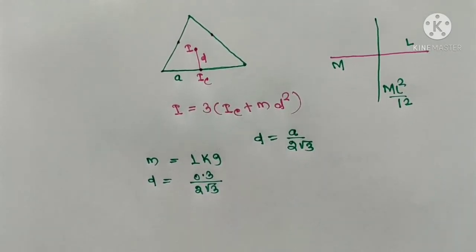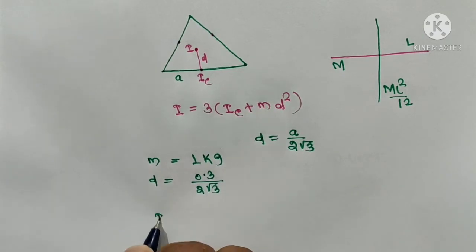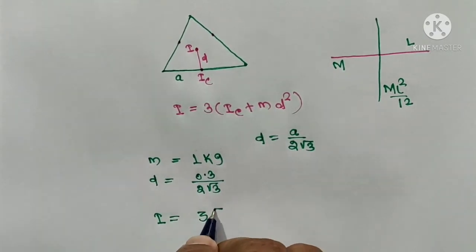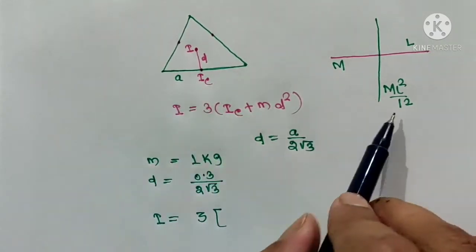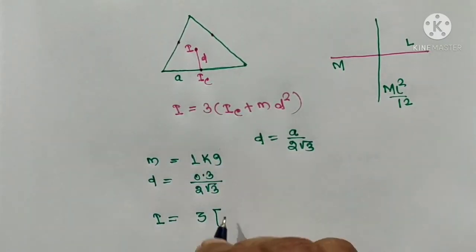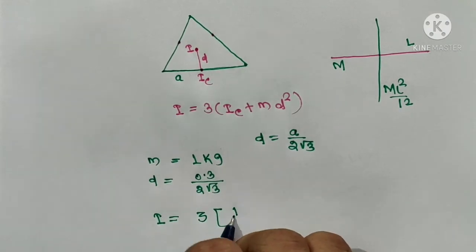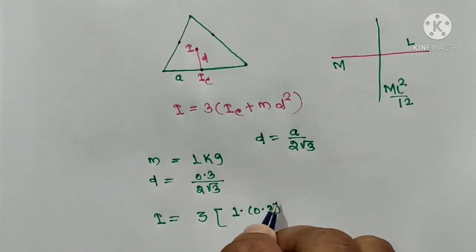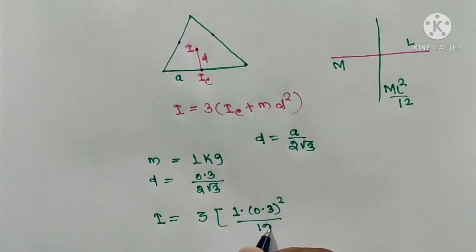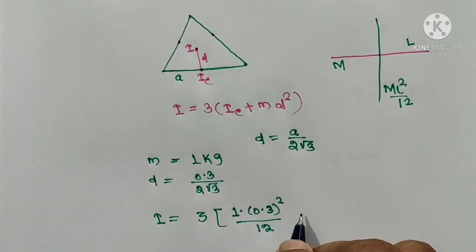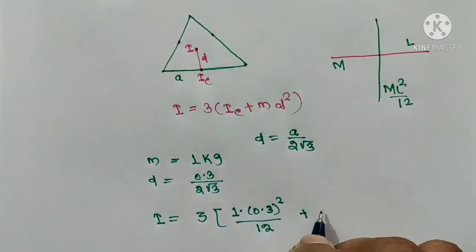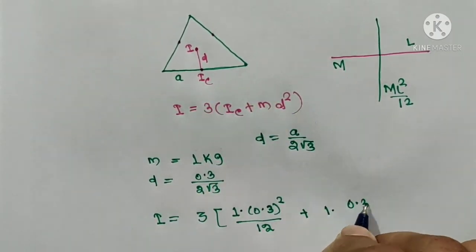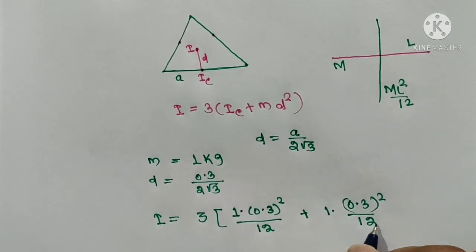So the moment of inertia I equals 3 times (IC plus md square), where IC equals ml square by 12. Mass m is 1, length square is 0.3 square by 12, plus mass again 1, d is this, so (0.3 square by 12).